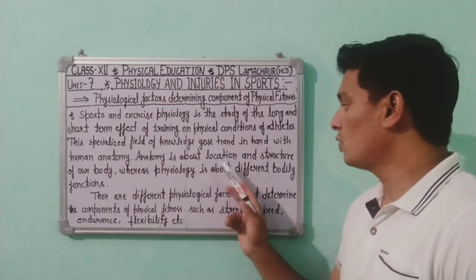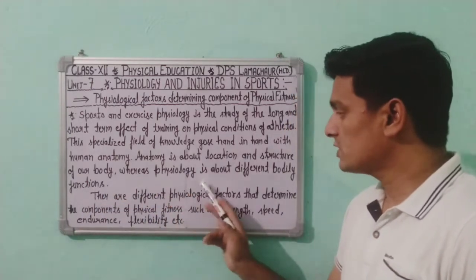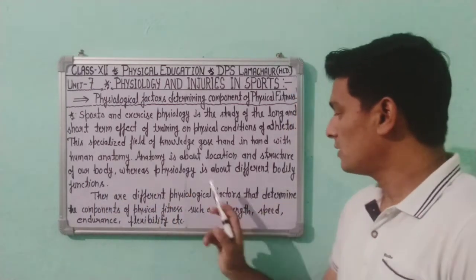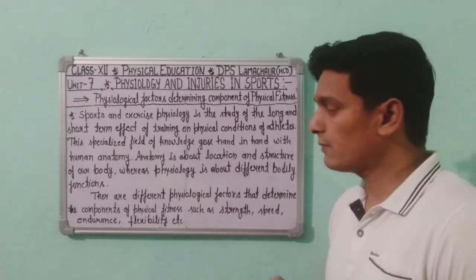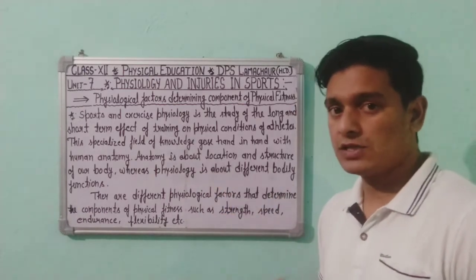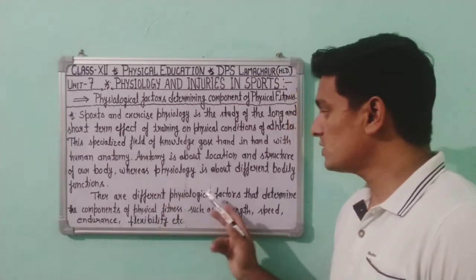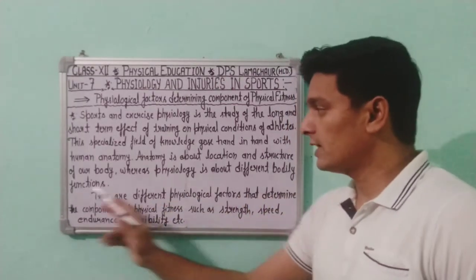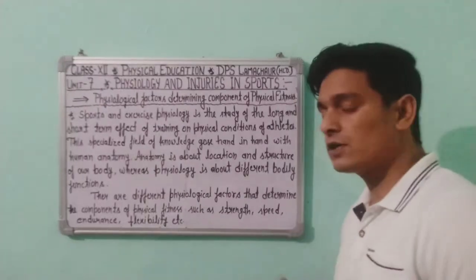Anatomy is about location and structure of our body, whereas physiology is about different bodily functions. Here you have to understand that anatomy is the study of location and structure, whereas physiology is the study of body or body parts functions.